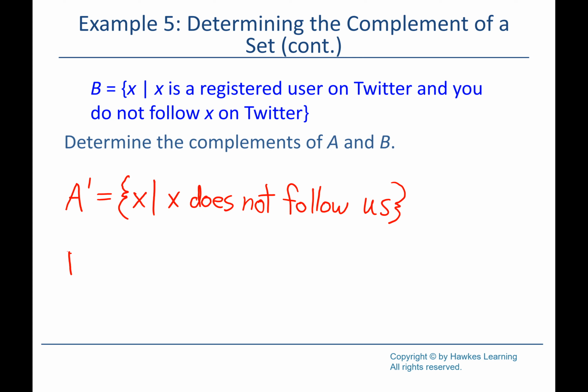And then for B complement, B is the set of all the people that we do not follow. So B complement would be the set of people that what? We do follow.